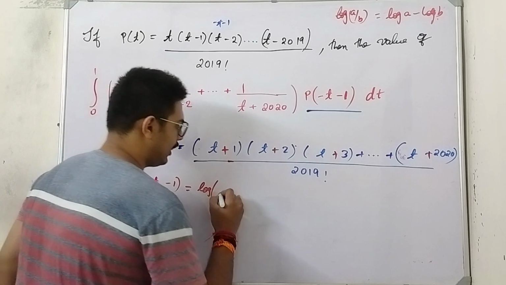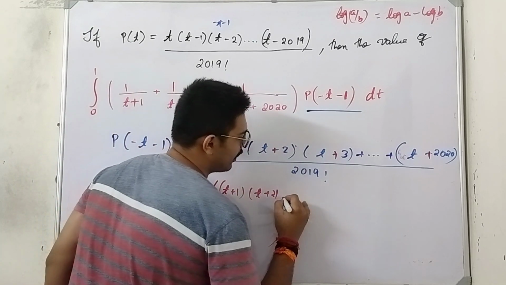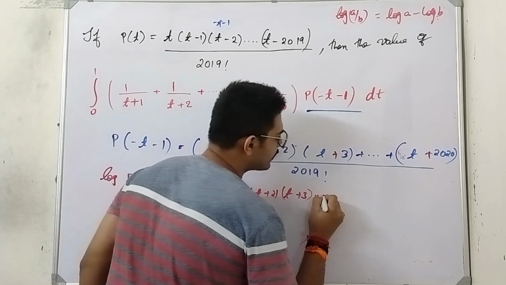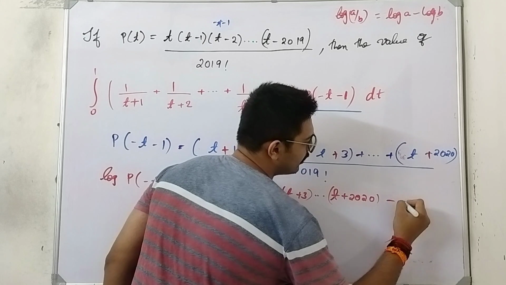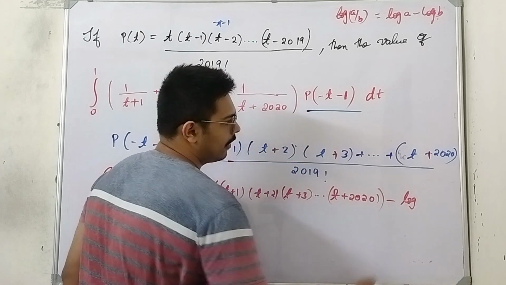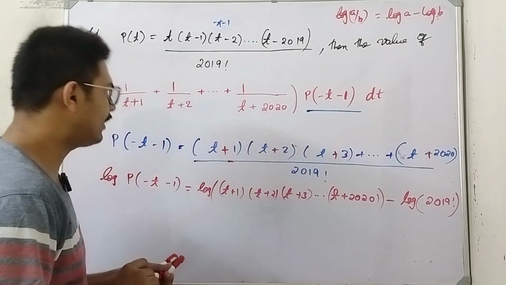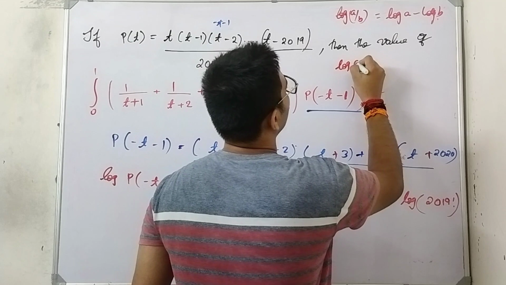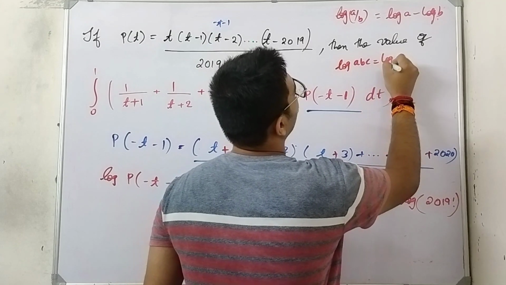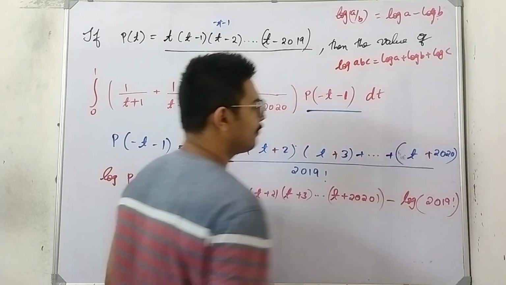This will be log of (t+1)(t+2)(t+3)...(t+2020) minus log of 2019 factorial. Now, log of a product ABC can be written as log A plus log B plus log C, a sum.